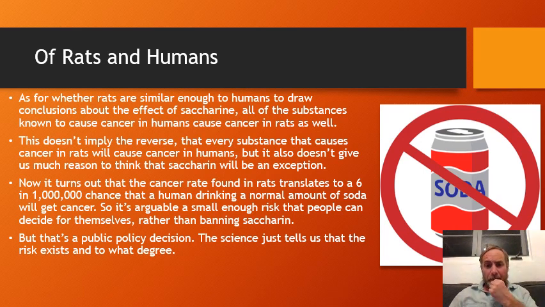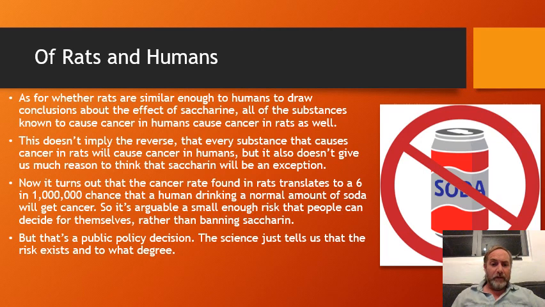But it's suggestive enough that there's not really a good reason to think that saccharin would somehow be an exception to this correlation we see between cancer causing agents in humans and in rats.